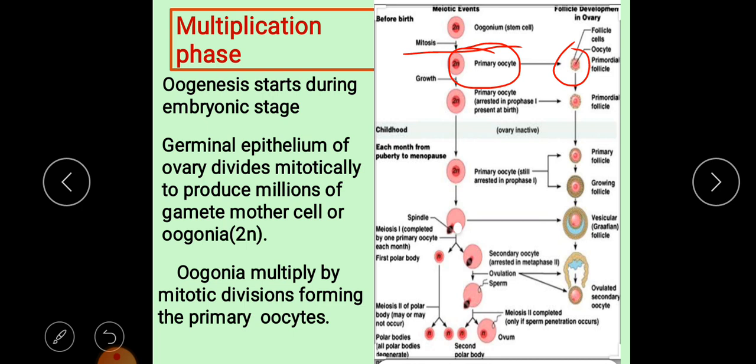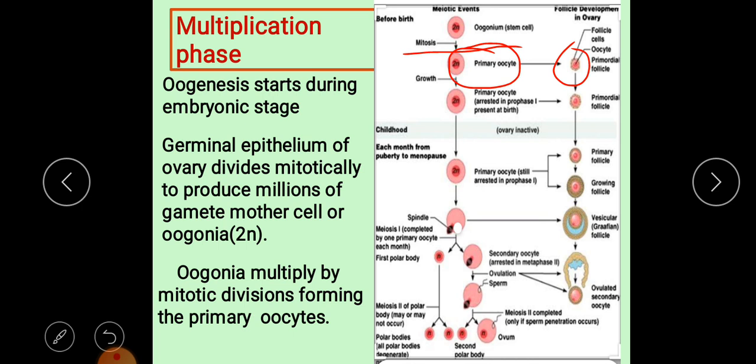So when it reaches the growth phase, the same primary oocyte is going to be arrested in prophase 1, which is present at birth. We have already taken this point repeatedly in the previous slides, so we are saying the same thing again, now by showing the diagram.